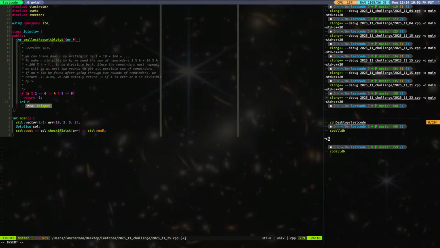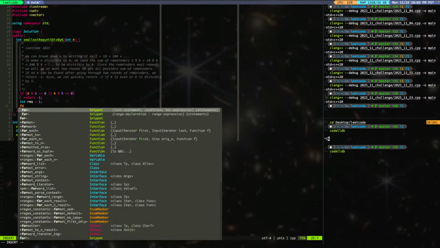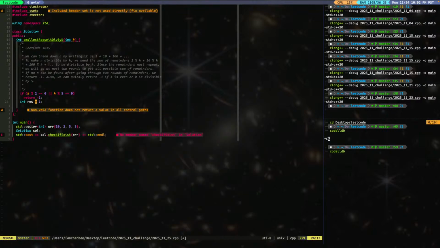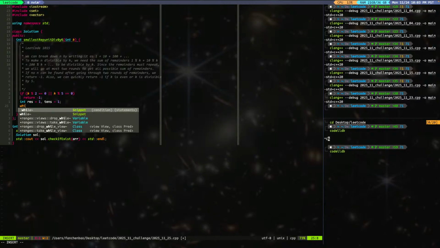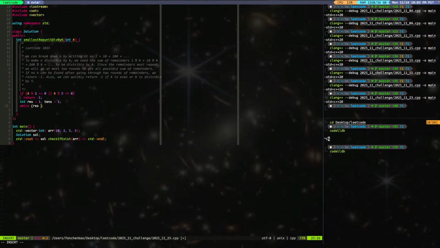Otherwise, we will just say int res equal to 1, because you have to start with 1, and for res equal to 1, we say the tens equal to 1, start with 1. Okay, while res is, because I go 1 round, I go 1, that's 1, 10, that's 2, right?